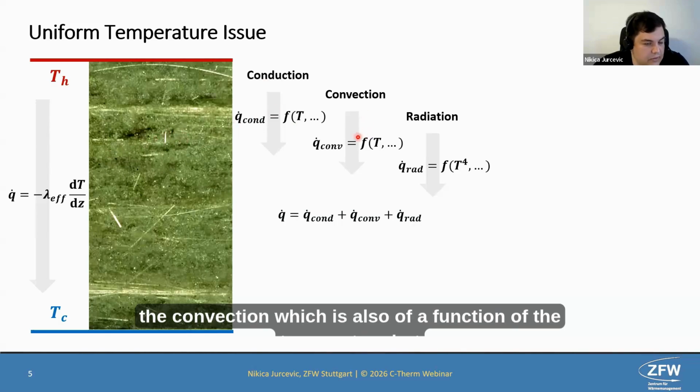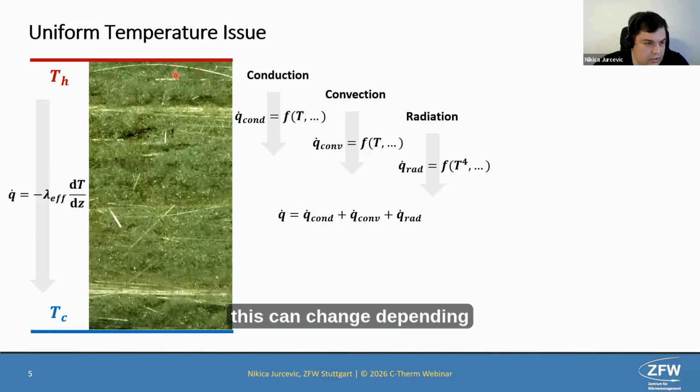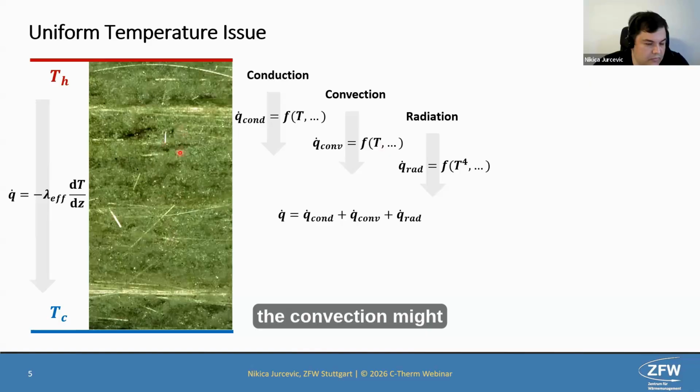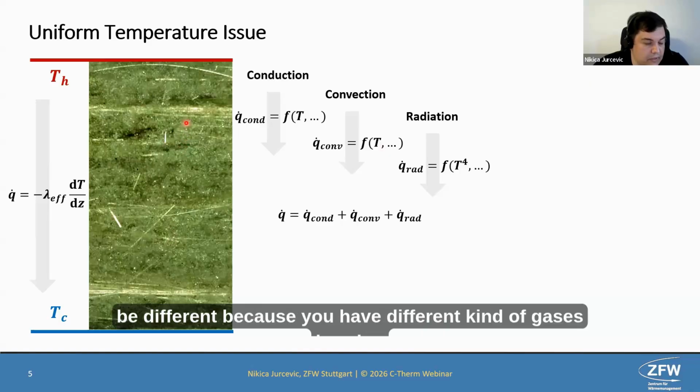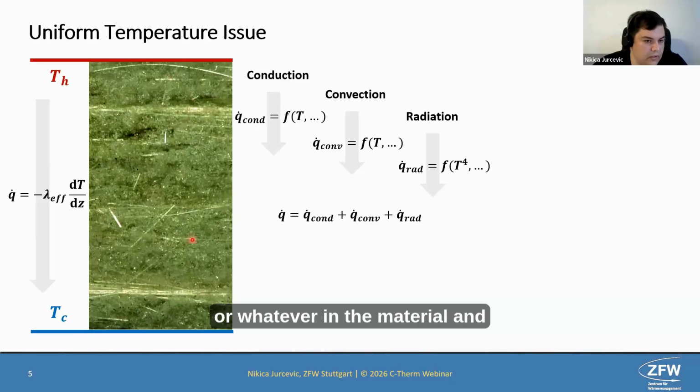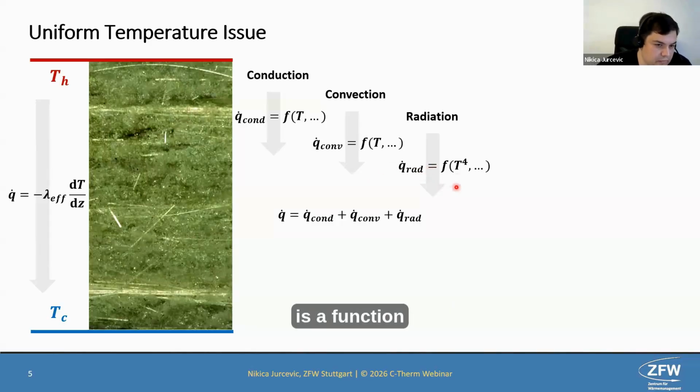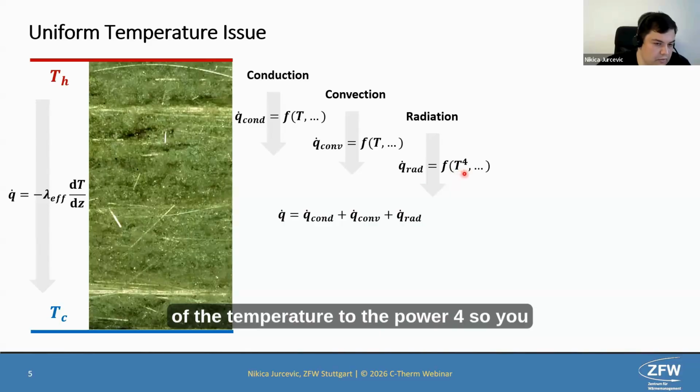It's the convection, which is also a function of the temperature, but this can change depending on where you are in your cross section, in your Z axis here, because the convection might be different because you have different kinds of gases through burning or whatever in the material. And then you have the big factor, the radiation. This is a function of the temperature to the power 4.